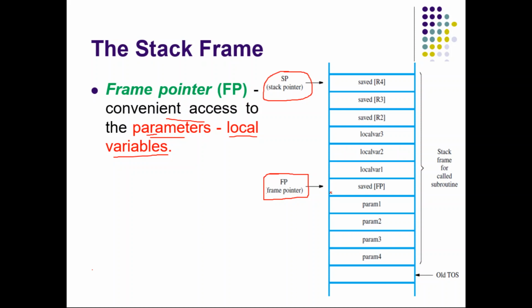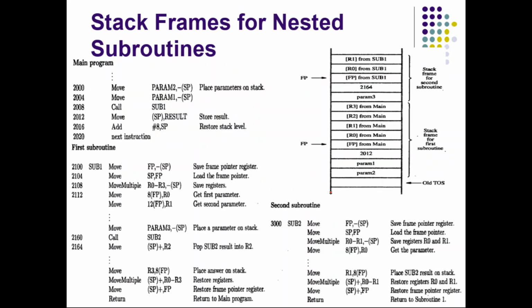This second pointer is called the frame pointer, which is used to conveniently access the parameters and the local variables in the stack. So let us try to understand the role of the frame pointer with this example. Let us see the code here. We are discussing only two levels.